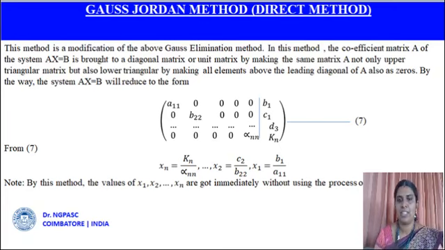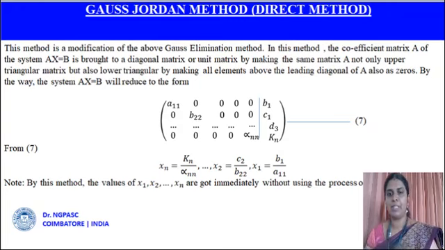Okay, now see the general form. So here I have continued from the Gauss elimination method. We have n system of equations with n unknowns. So when you have reduced to the upper triangular matrix, you have to reduce the augmented matrix to lower triangular matrix also.